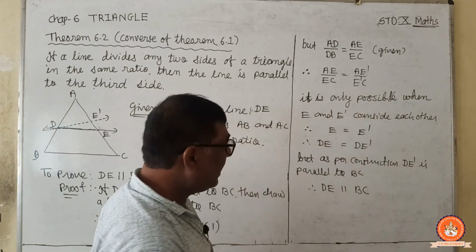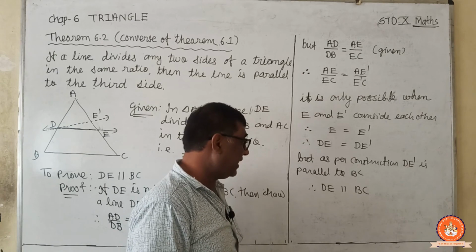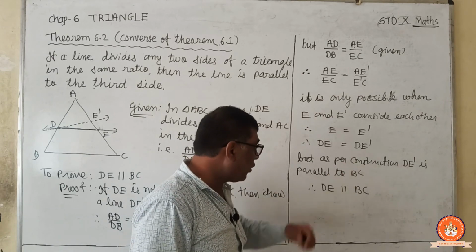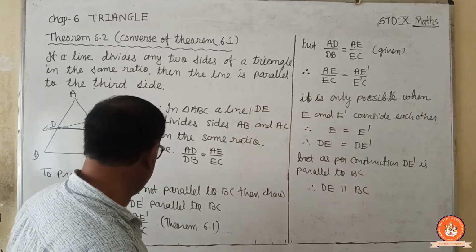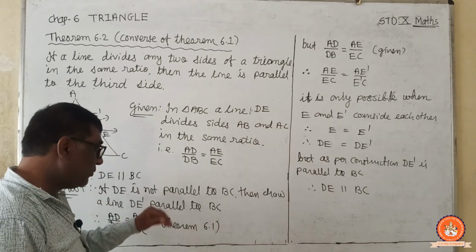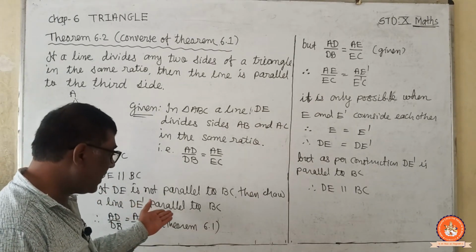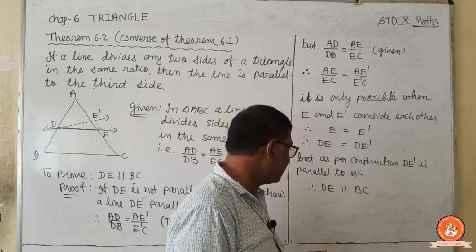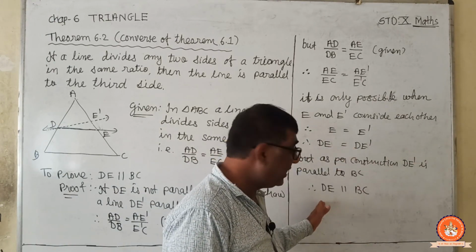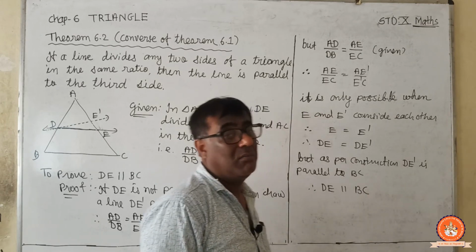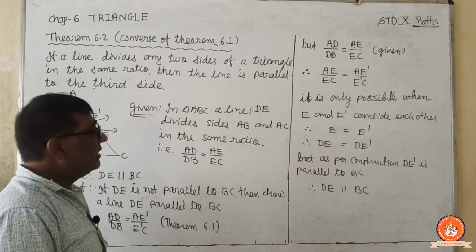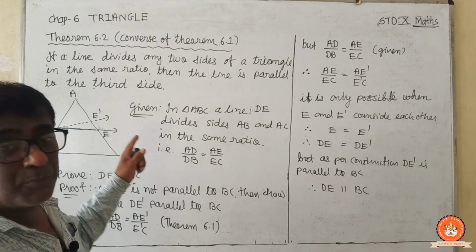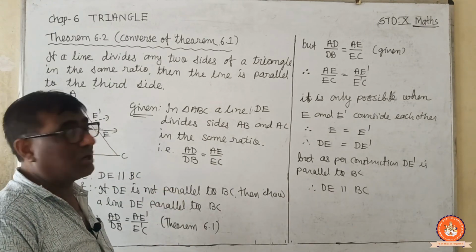If DE and DE dash are the same line and DE dash is parallel, then DE is also parallel to BC. Now, result: theorem number 6.1 and 6.2 are converse of each other.